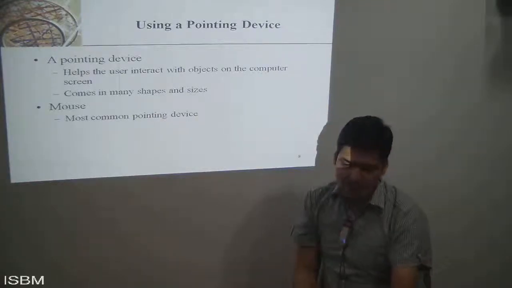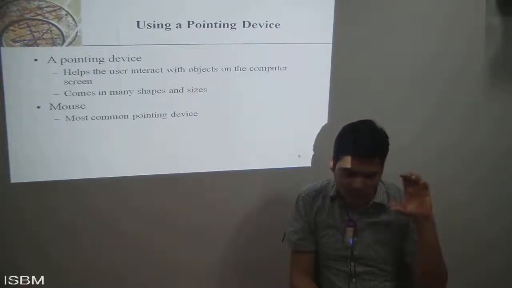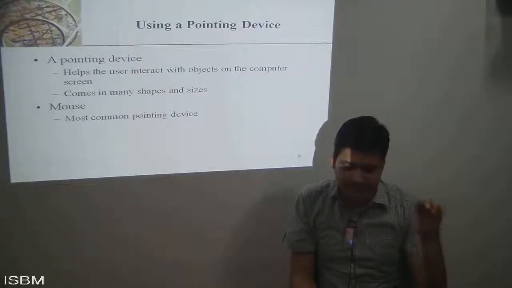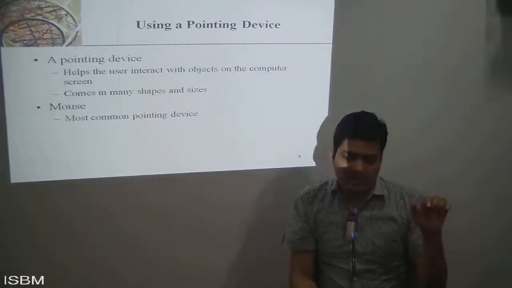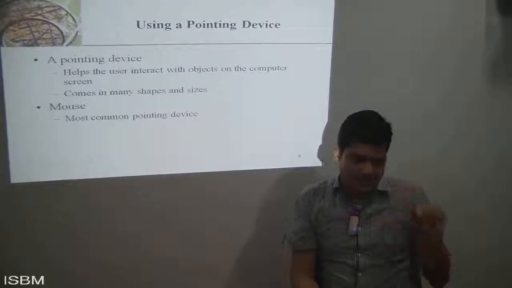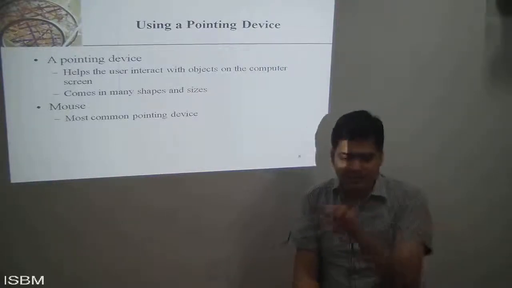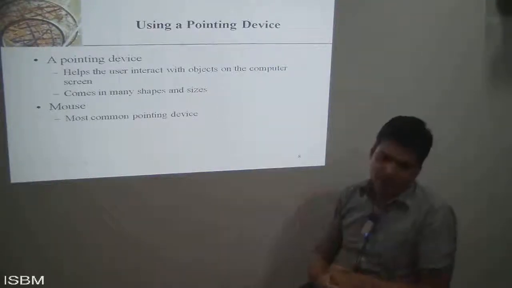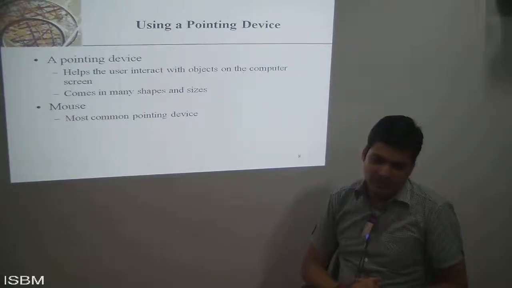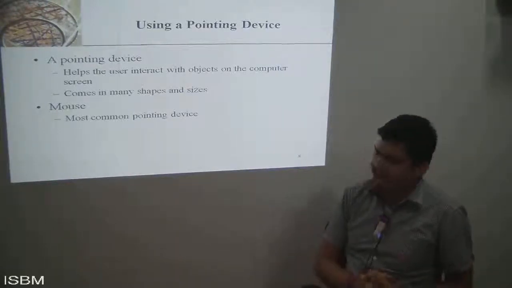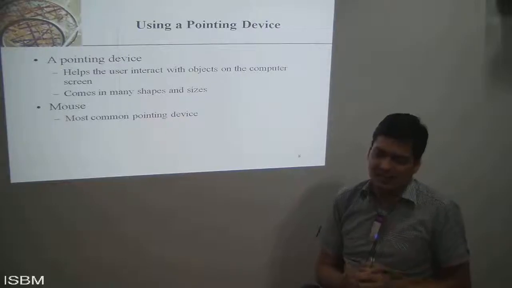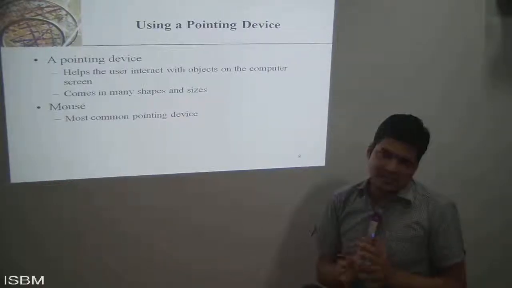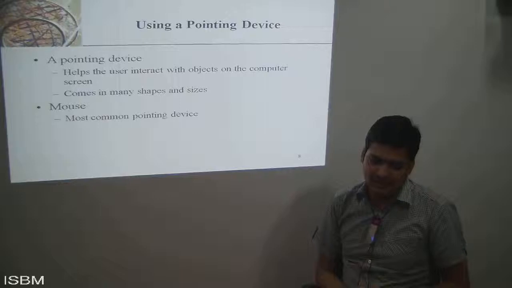I mean to say, it will help you check any object by double clicking, or if you want to drag and drop something from one place to another place, it will also help you in that scenario. It comes in many shapes and sizes. Size will increase or decrease. You can change it with the help of properties.